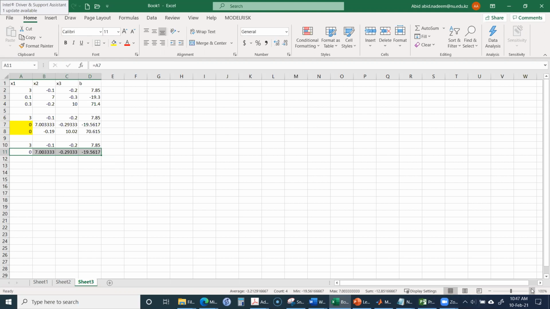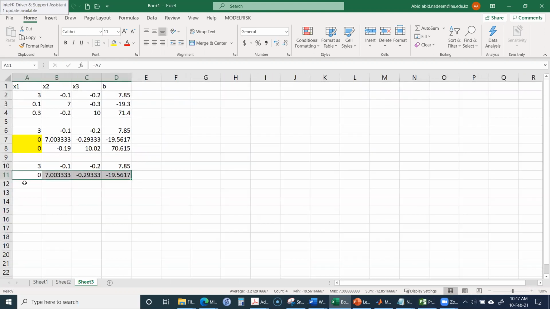Now I have this value, and I have to eliminate this.